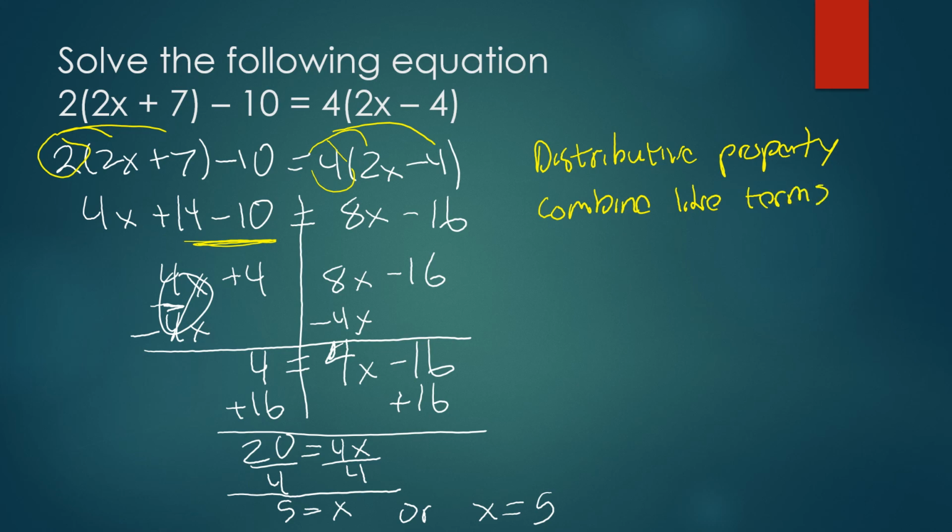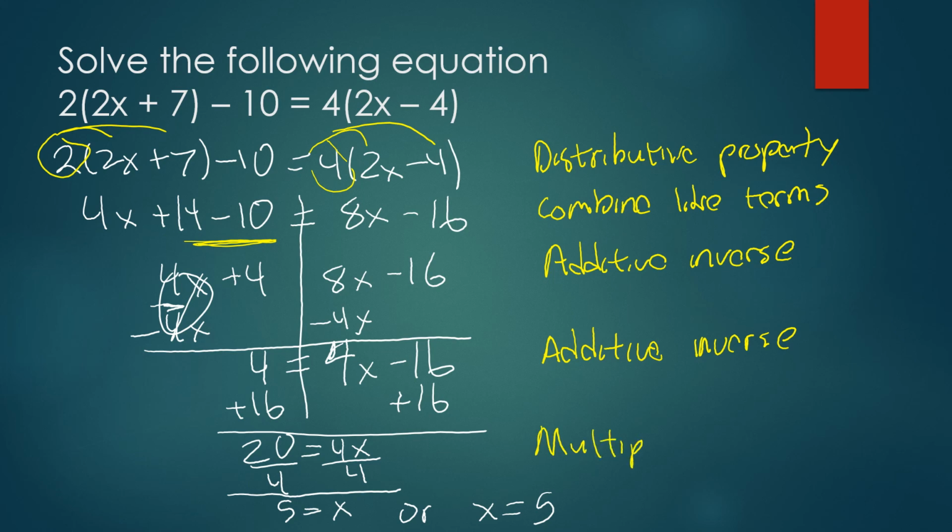Then I chose the term with the lowest coefficient of x, which was 4x, and did the additive inverse to move all my x's to the same side. Then I did another additive inverse to move my constants to the opposite side. And then lastly, the multiplicative inverse.